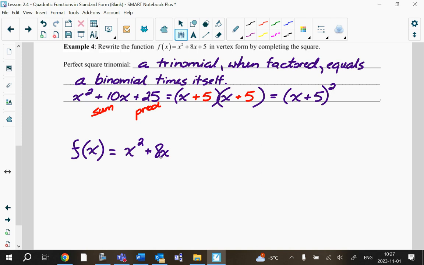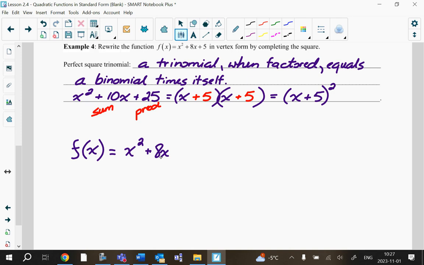Two numbers that add to positive 8 and multiply to 5. I don't think so. No numbers multiply to 5. Okay? So you can't do it. So I need to put in a number where I can do it.